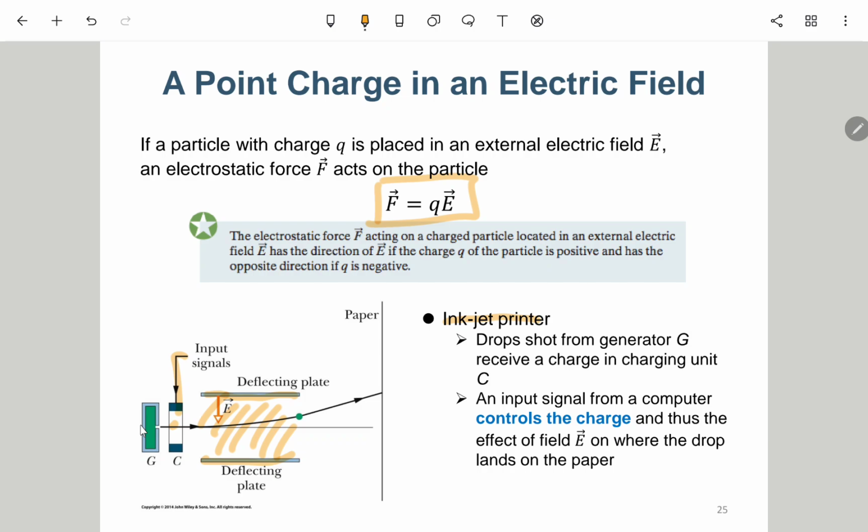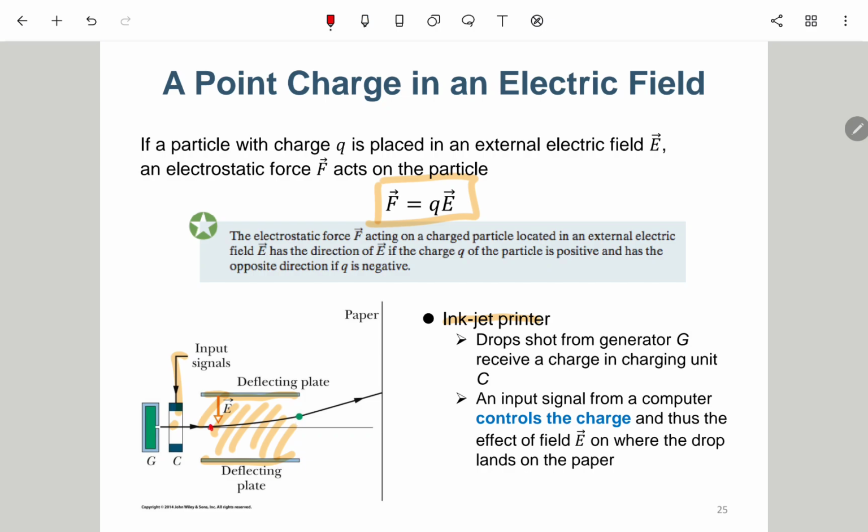Then we shoot this ink to the right side. If there is no E field, and if you also ignore the gravitational force, that ink will go straight to the right side. But after entering this region, there will be an E field. We assume a uniform E field in this region, so there will be a force.